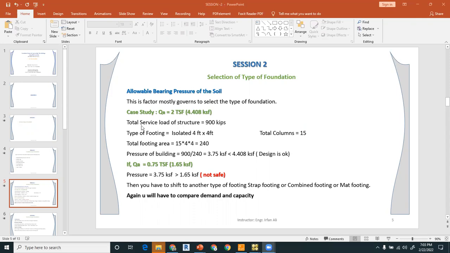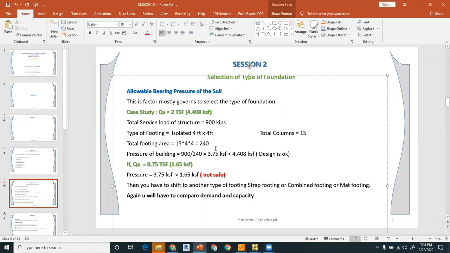So this is the total service load of the structure, which is equal to 900 kip, and the type of footing selected is isolated, which is 4 × 4 feet, and the total number of columns is 15, right? So the total bearing area is equal to 15 into 4 × 4, that is equal to 240.